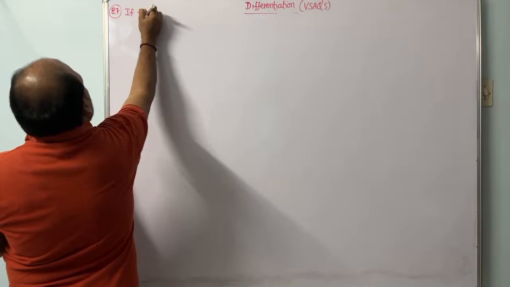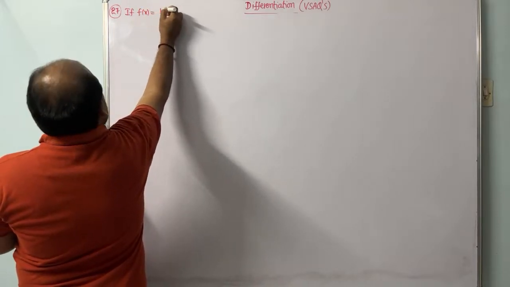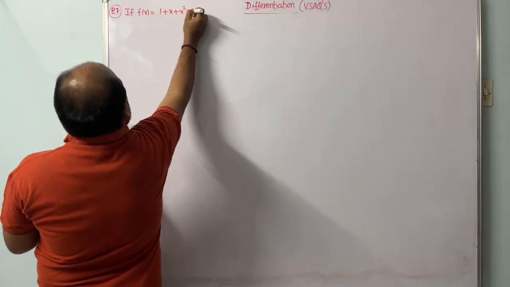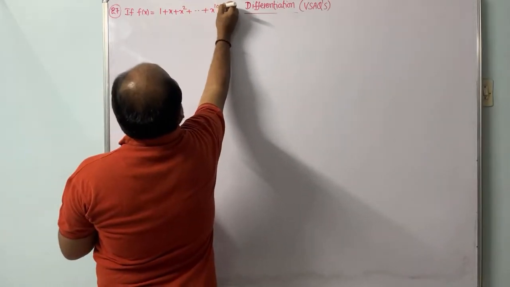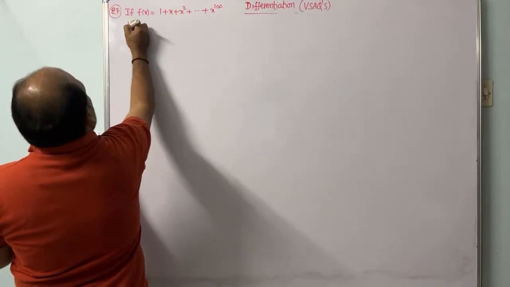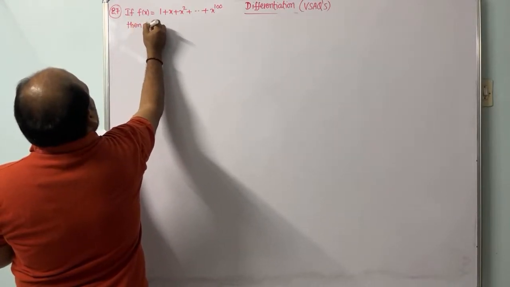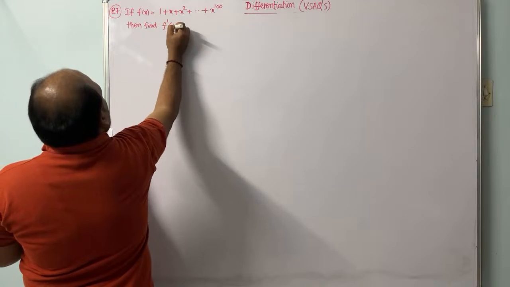If f of x equal to 1 plus x square plus and so on, x power 100, then find f dash of 1.